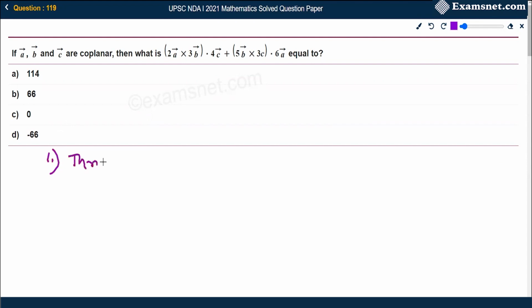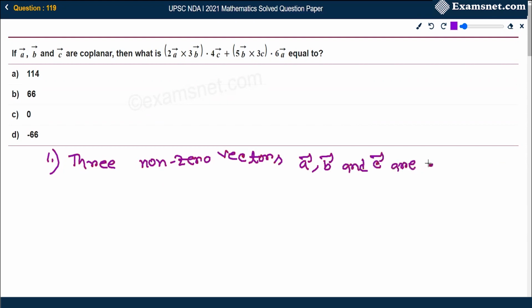So three non-zero vectors A, B, and C are coplanar if and only if the scalar triple product A, B, C equals 0.